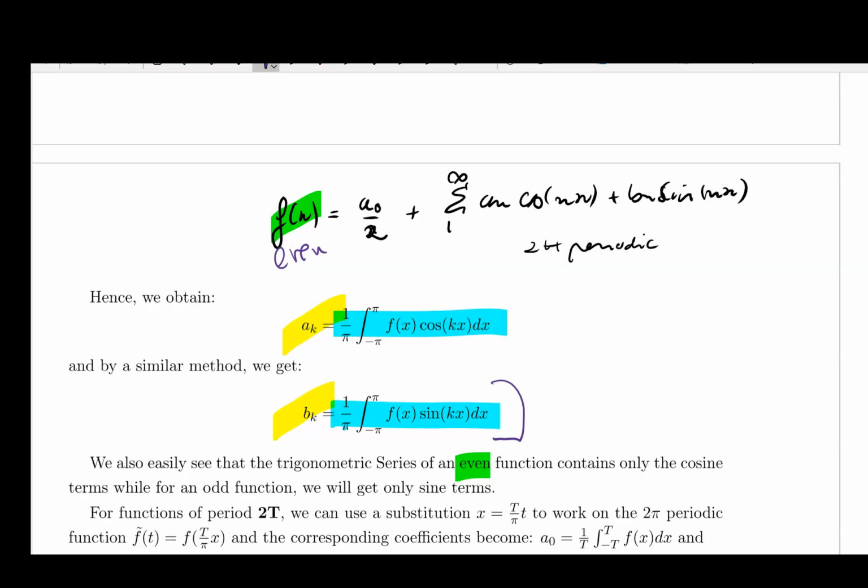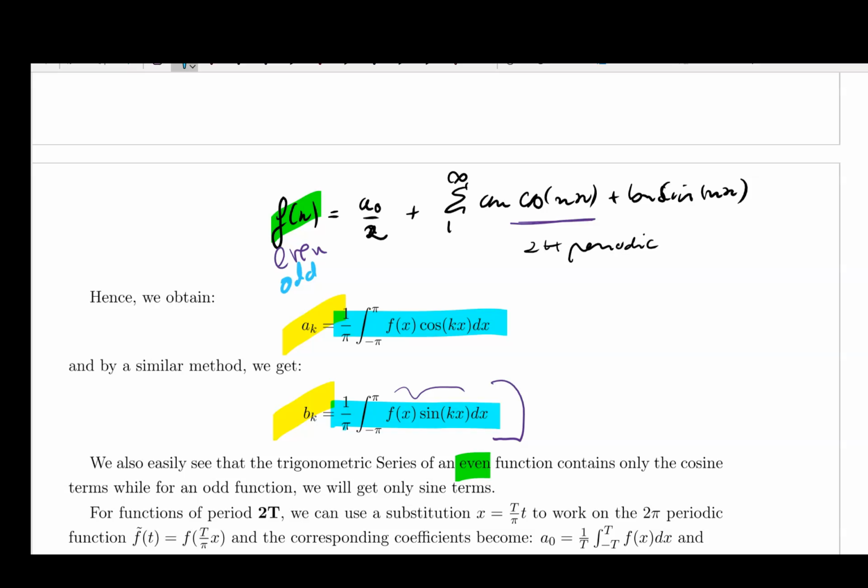So the resulting function would be odd, and so the integral will give you 0. What does that mean? If f is even, you get only the cosines in the expansion, because all the bn's would be 0. Now, very similarly, if f is odd, what's happening?